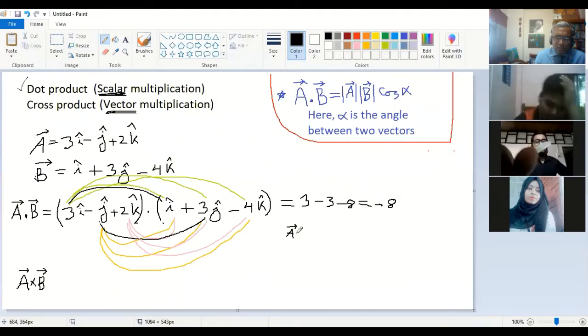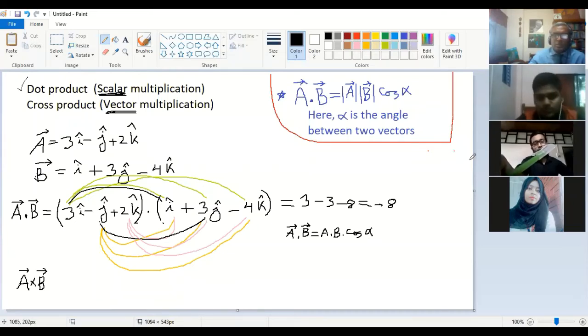A dot B is the left side, and in the right side you have A value, and then B value, and then cos alpha. So this is the formula, and now I am putting the values.